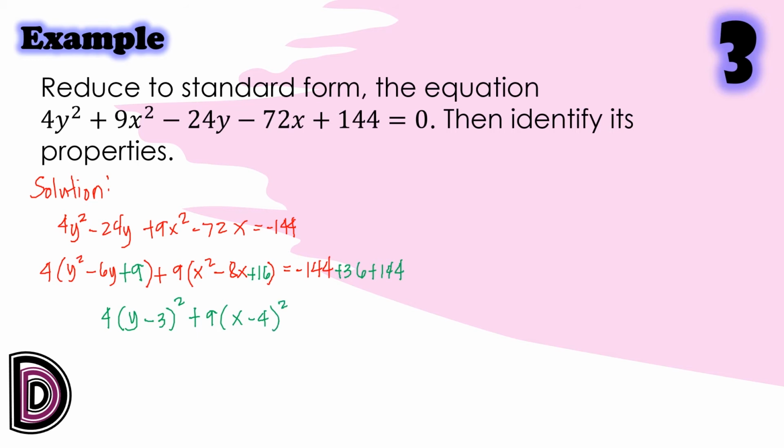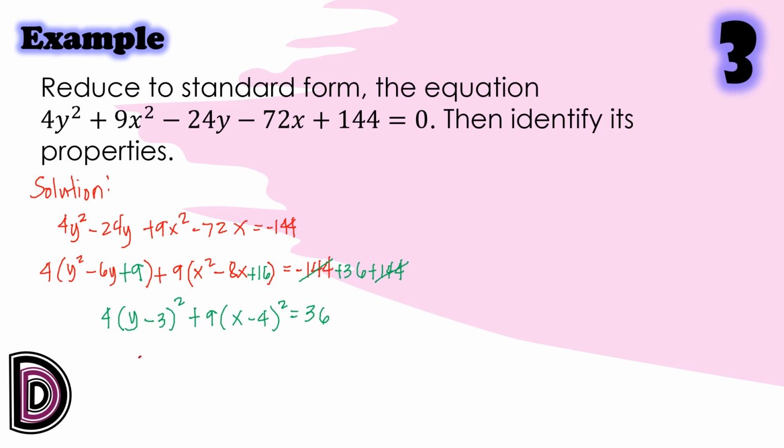Negative 144 plus 144 is 0. What is left on the right-hand side is 36. Notice that in the standard form of the equation of the ellipse, the right-hand side is equal to 1. So to make the right-hand side of this equation equal to 1, we will divide all terms by 36.